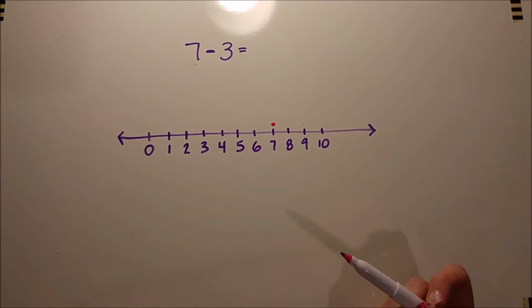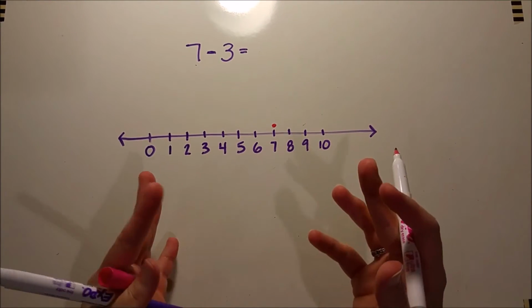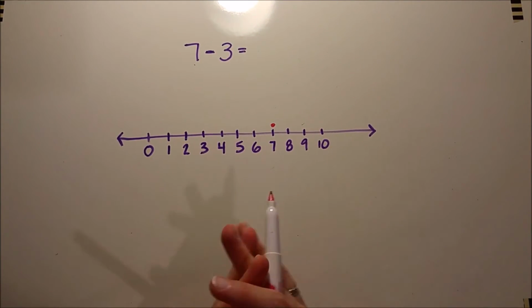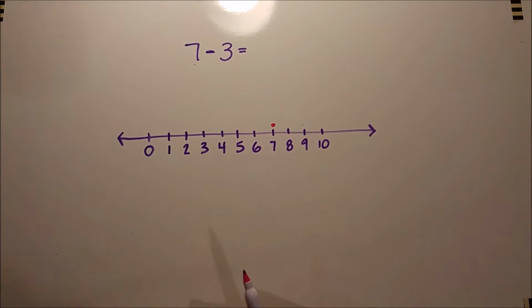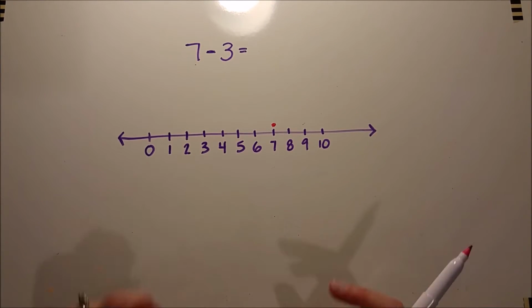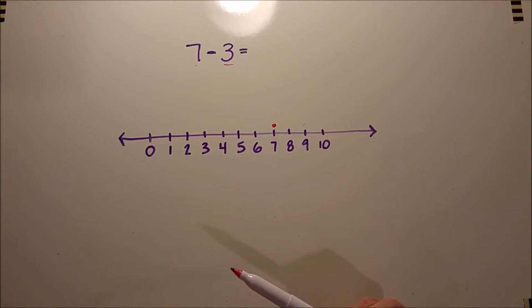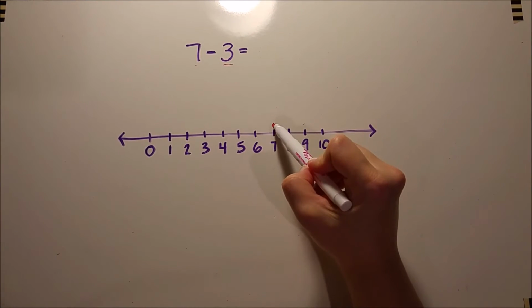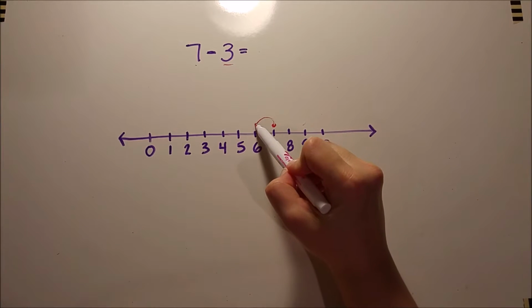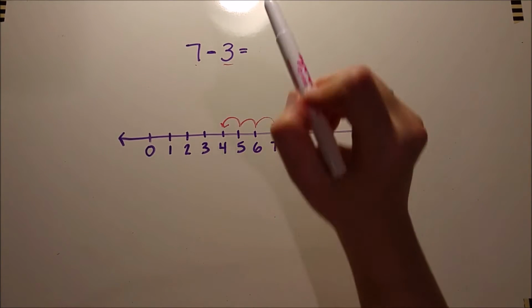So remember, adding, we put things together, we want them more, or we want them to get bigger, we will have more of them, so we're going to go to the right. Subtracting, we'll have less of them when we finish, so we're going to go to the left. So 7 minus 3, we need 3 hops to the left. Smaller numbers, 1, 2, 3. 7 minus 3 is 4.